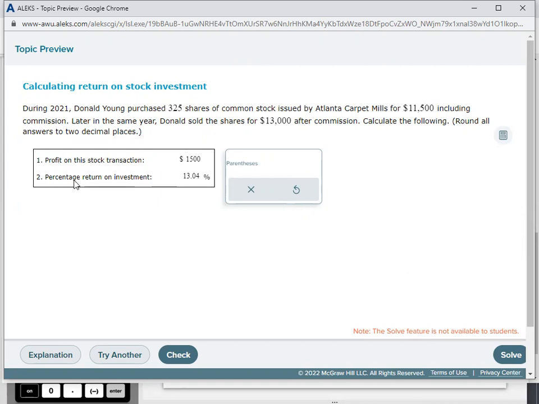Okay, what is the percentage return on the investment? Well, when we want to know the percentage of things, we typically want to divide by the starting amount. So we're going to divide by our starting amount of $11,500, and on top of our division, we're going to have how much money he made, about 1,500.